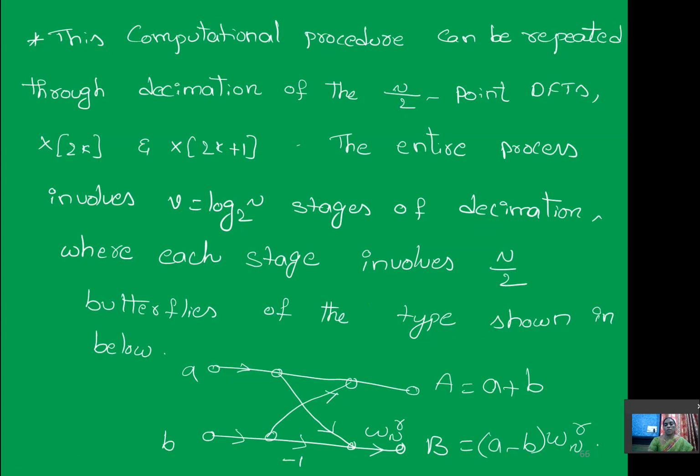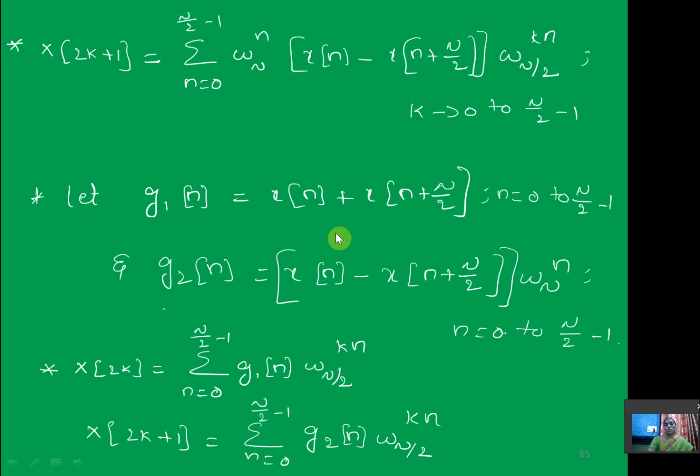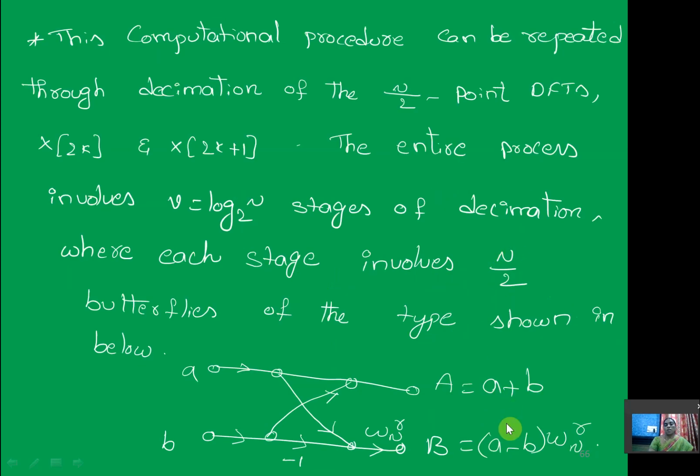Let this one be A and this one be B. Here A plus B, and here A minus B times W_N power r. How can you develop these equations?